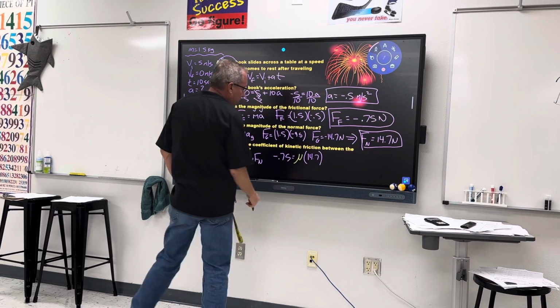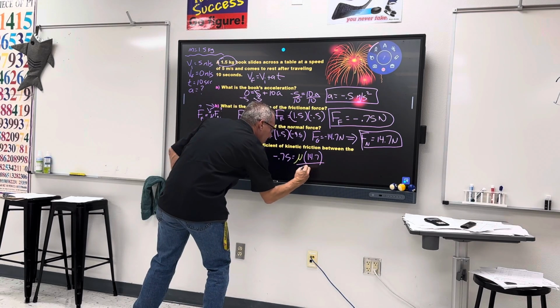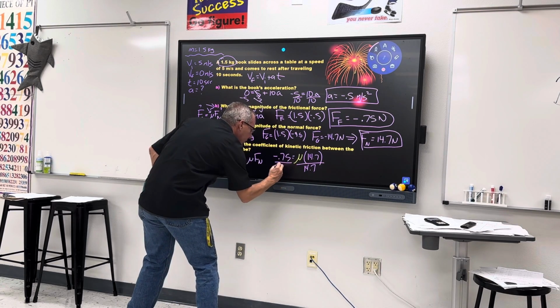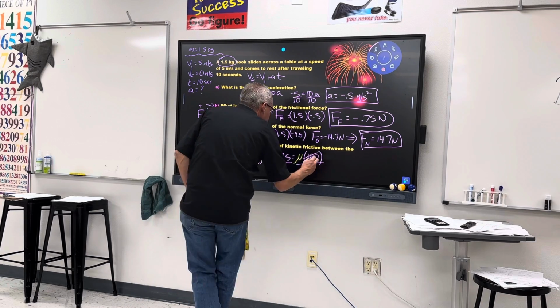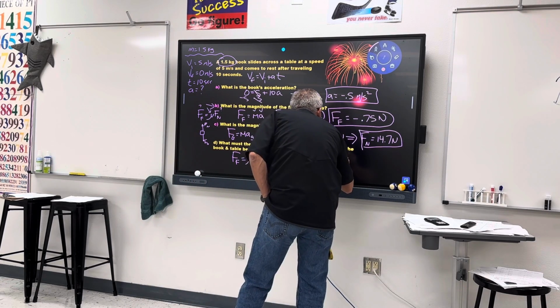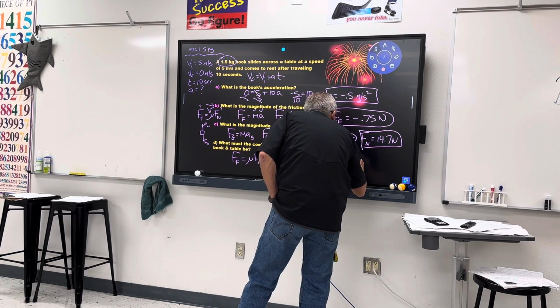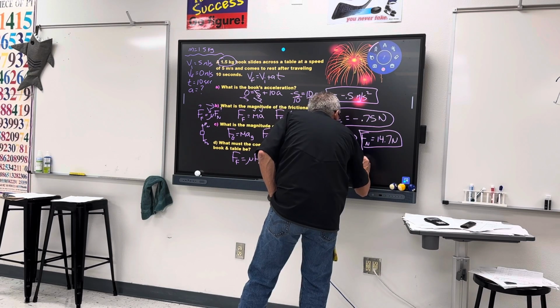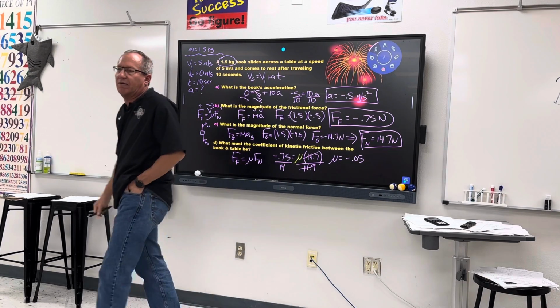What do I do to both sides? Divide by 14.7. And you're going to get mu calculated out to equal negative 0.05. And there's no units to this because it's a coefficient.